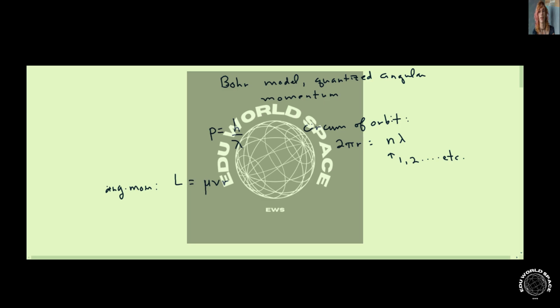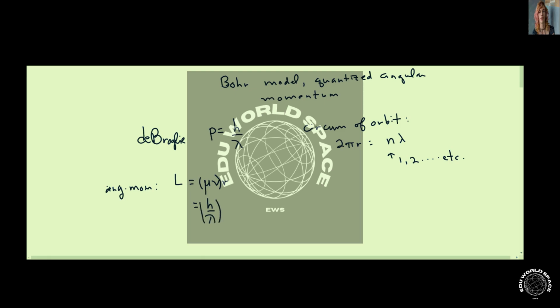And let's put in for the quantized radius, and let's use the de Broglie wavelength idea. So by the time Bohr was coming up with his model, we had this understanding of the de Broglie wavelength. So in the parentheses first is h over lambda.